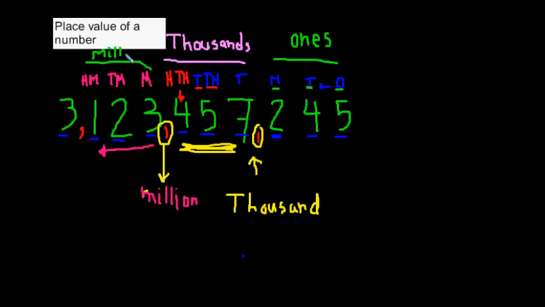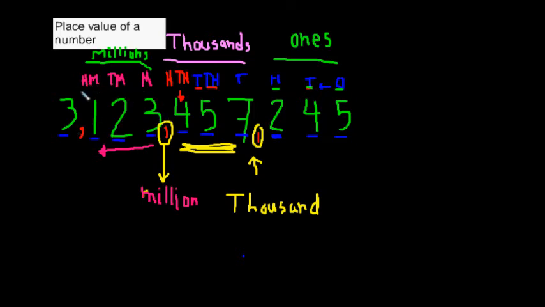Now, if 4, 5, and 7 were written in thousands, we have 400,000, 5,000, 10,000, and 7,000. Here we have 3 millions, 2 10 millions, and 100 millions.